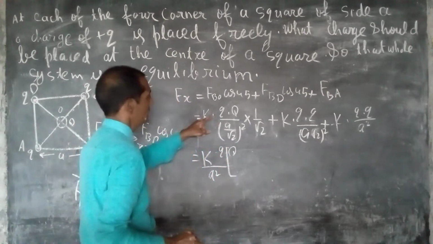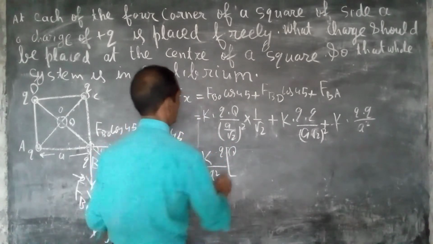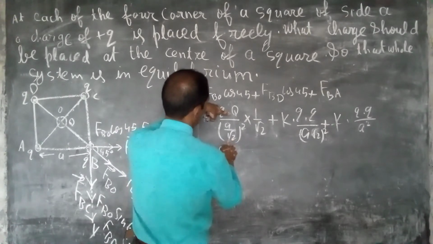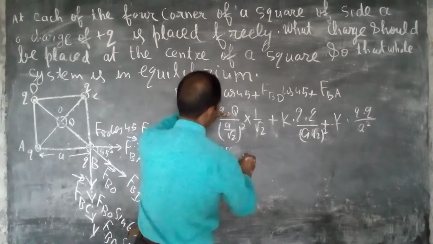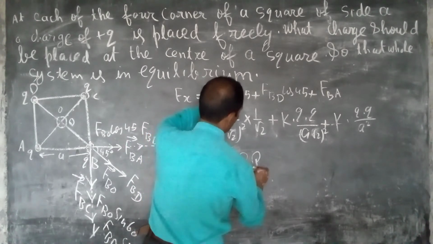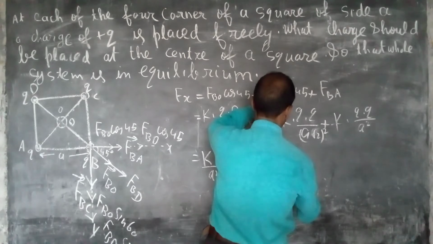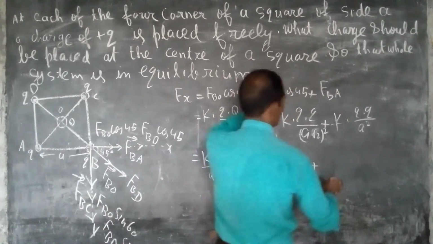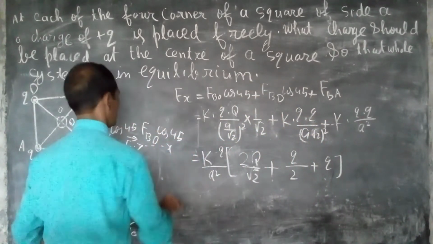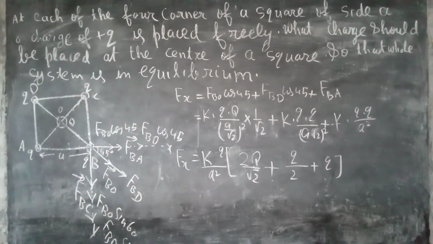In the first term you get Q upon root 2 whole square, so this root 2 whole square becomes 2, so this becomes 2Q upon root 2. Plus here Kq is common, so you get q upon 2, and here you get q only. K q upon a square is common. So this is Fx.